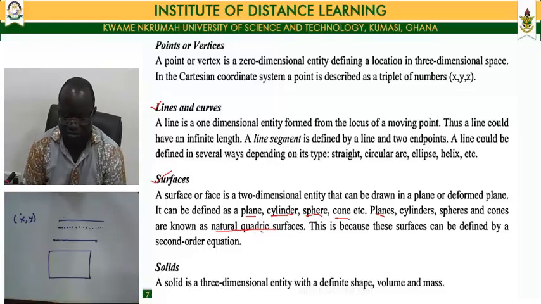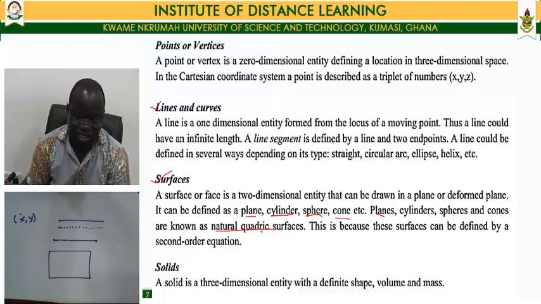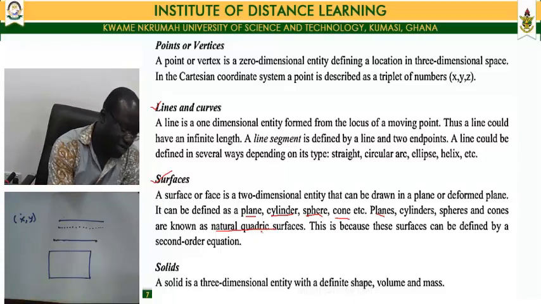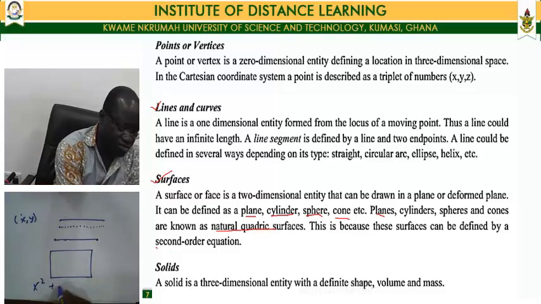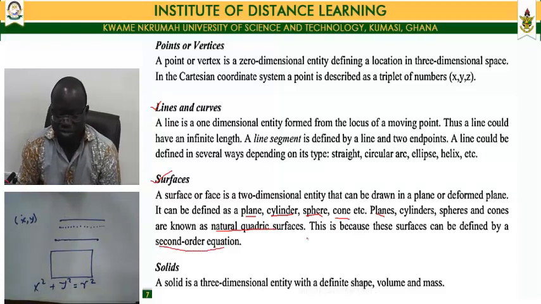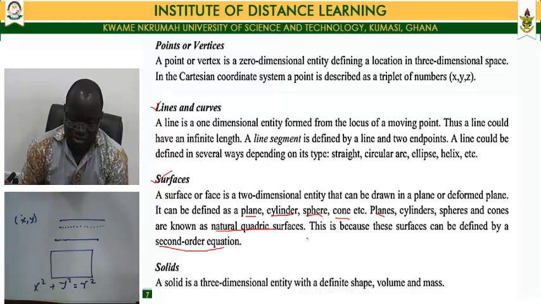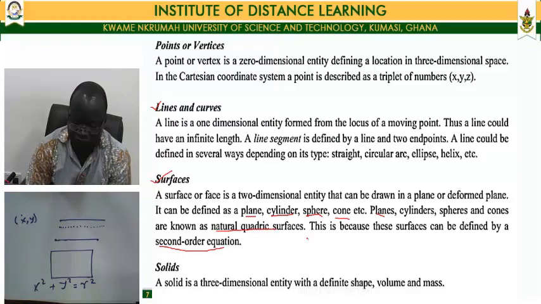If you take a typical circle, the second order equation is x squared plus y squared equal to r squared, where r is the radius. So this is a natural quadratic surface.